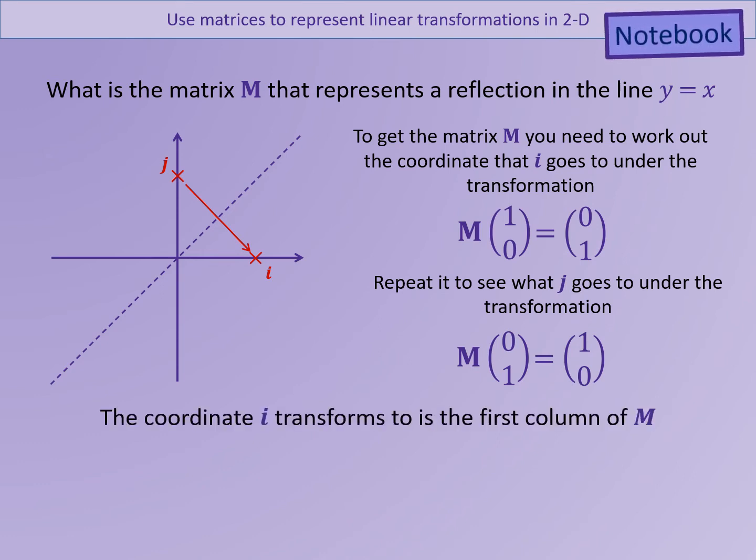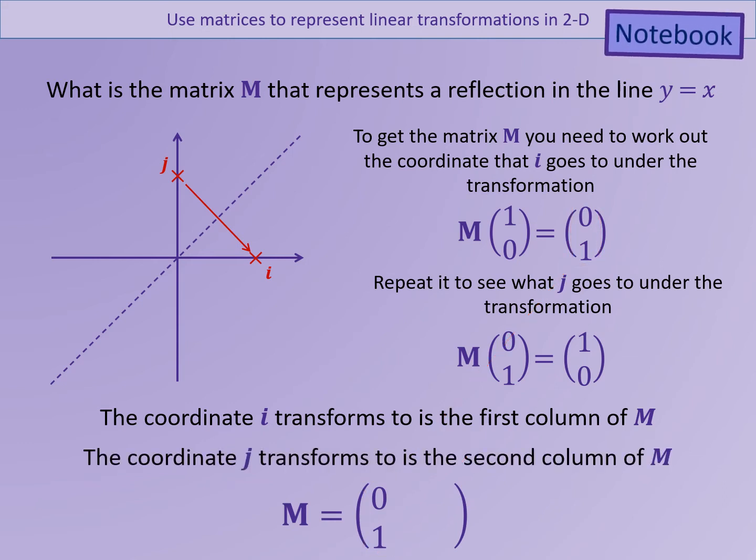So the coordinates of i transform to the first column of the matrix M, and the coordinates of j transform to the second column of the matrix M. So the matrix (0, 1; 1, 0) represents a reflection in the line y equals x.